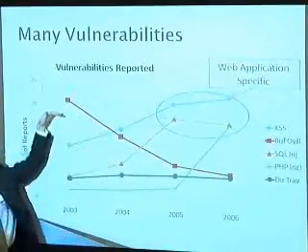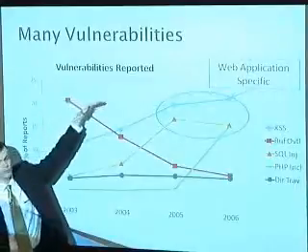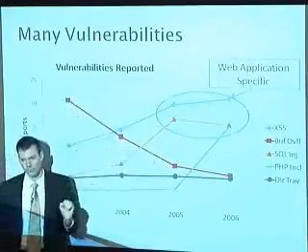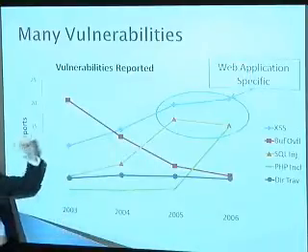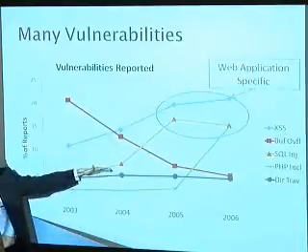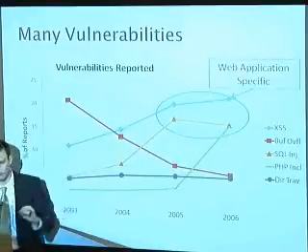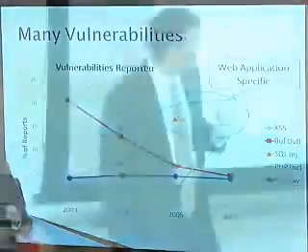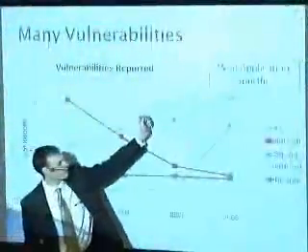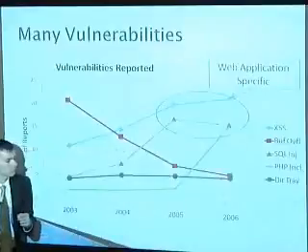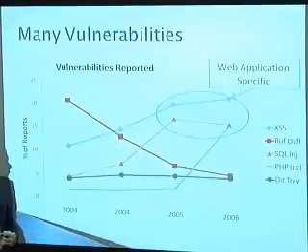And in absolute numbers, it increases slightly over this time period. But in relative importance, it drops dramatically. The blue line is cross-site scripting. Then we've got SQL injection, PHP inclusions, and directory traversals. And what you notice is in 2005, the top 2, and in 2006, the top 3 most reported vulnerabilities are specific to web applications.